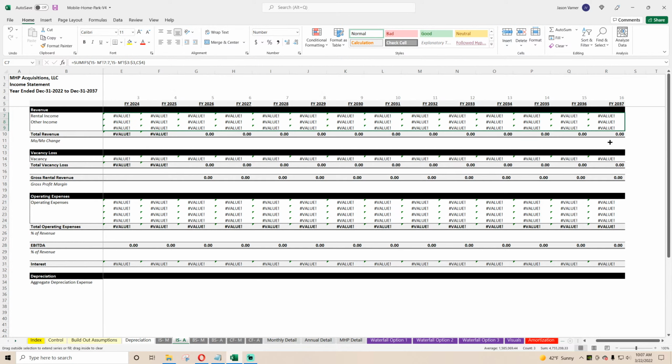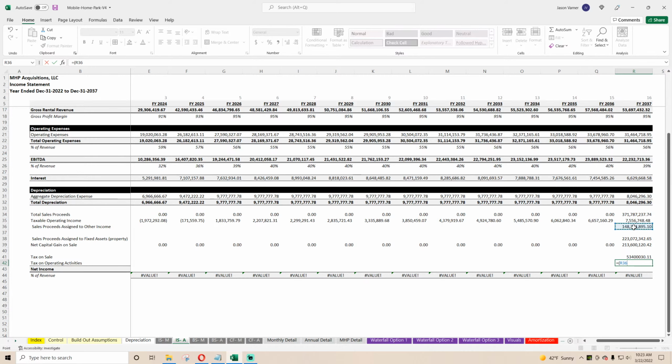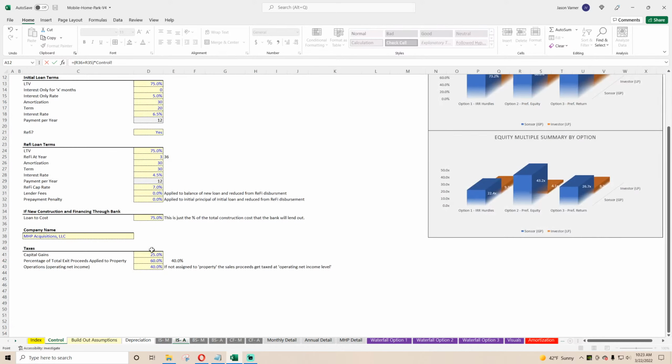So tax on sale is this amount times here. Tax on other activities would be sales proceeds plus this times this rate.